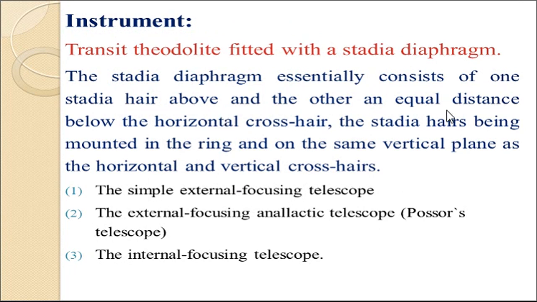The stadia diaphragm essentially consists of one stadia hair above and another at an equal distance below the horizontal crosshair. Means there are two hairs horizontally, one above the horizontal axis and one below the horizontal axis, at equal distances from the central horizontal crosshair. The stadia hairs are mounted in the ring on the same vertical plane as the horizontal and vertical crosshairs.